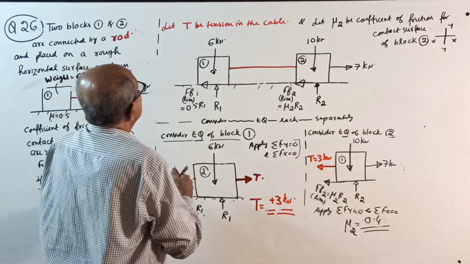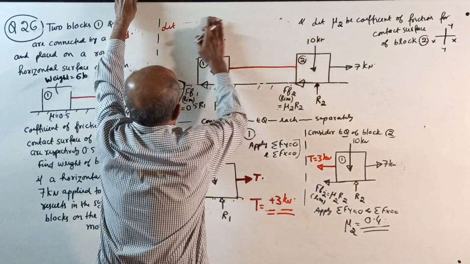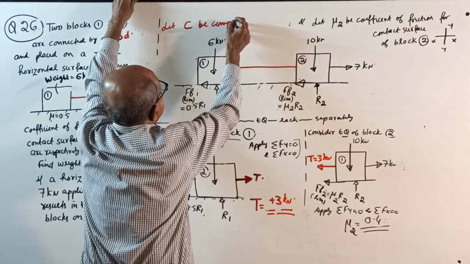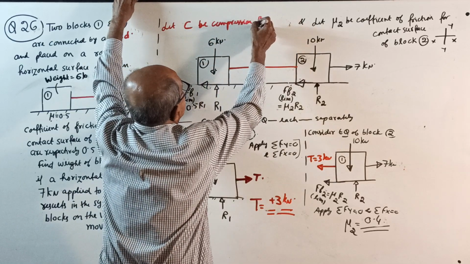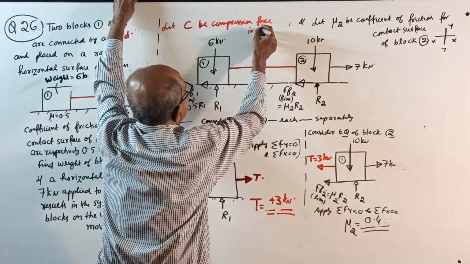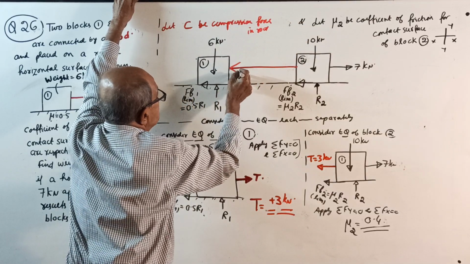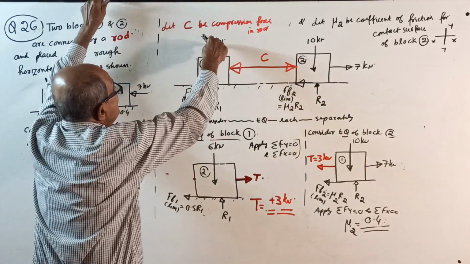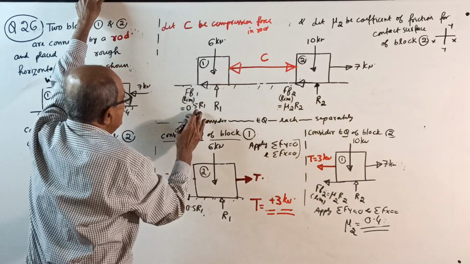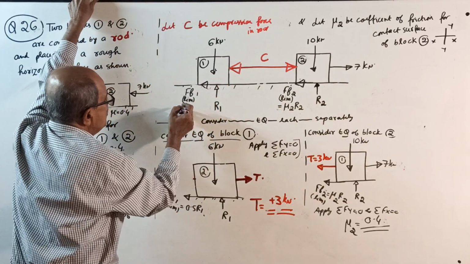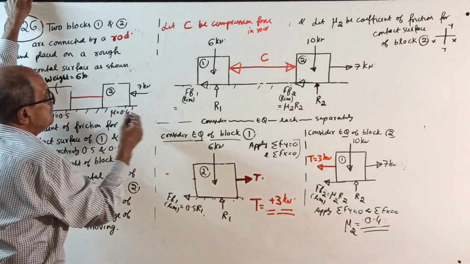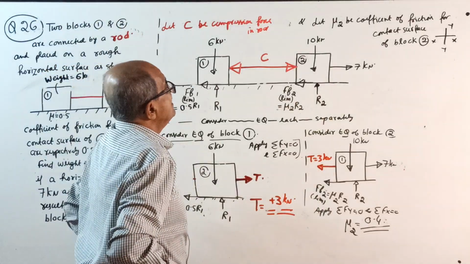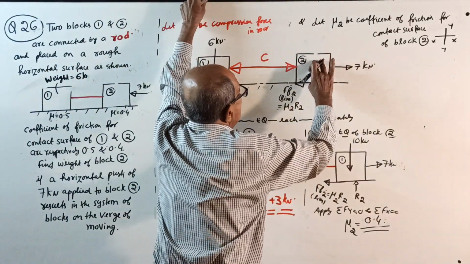So let not T, what you write? Let C be the compression force in the rod. I told compression is always like this, thousands of times I told. Then this is 6 kilonewton, this is R1, and FF1 limit equals mu1 which is 0.5, 0.5 into R1. And here, this is not 10 kilonewton, they want to find it.